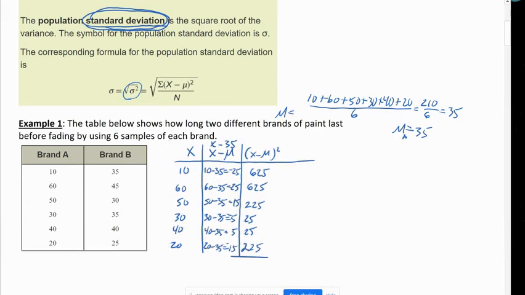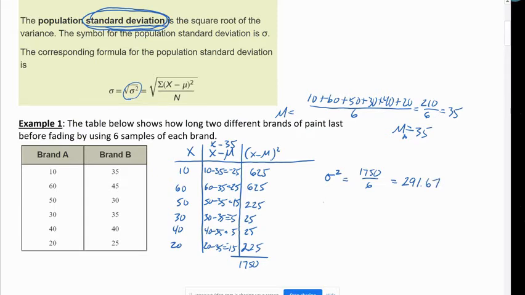All right, so if I total up this column, 625 plus 625 plus 225 plus 25 plus 25 plus 225, I get 1750. And so our variance is 1750 divided by 6, which is 291.67.